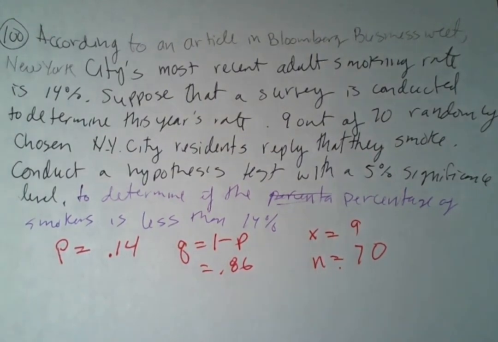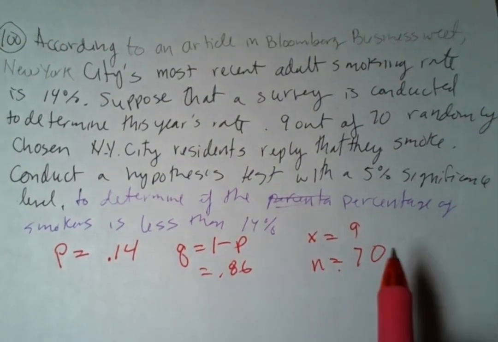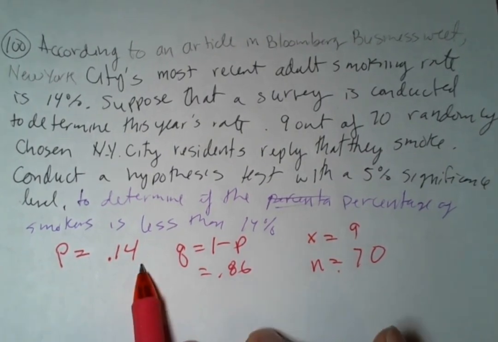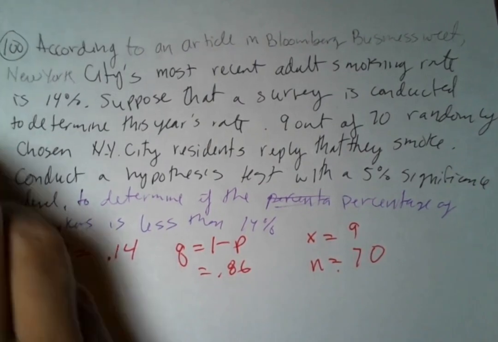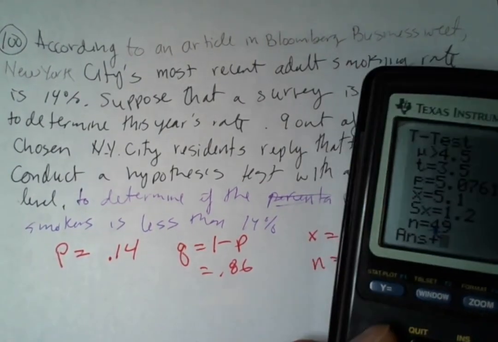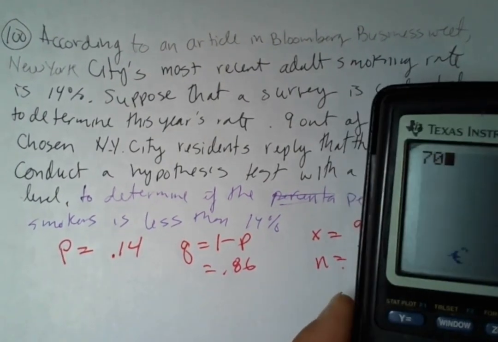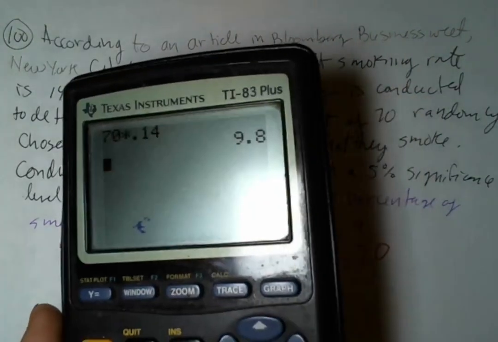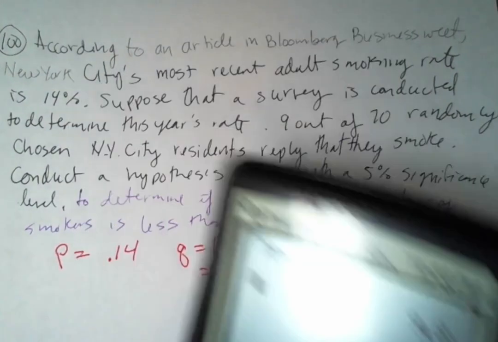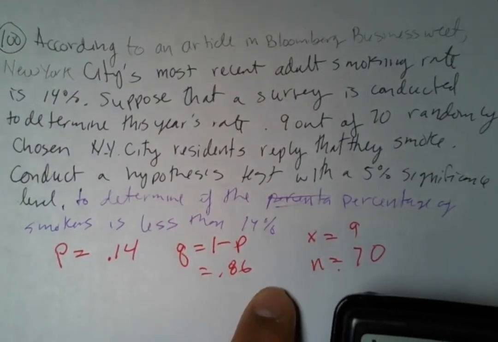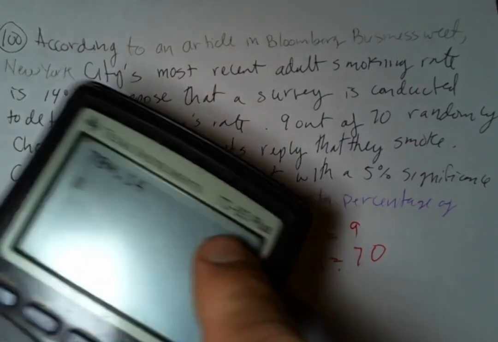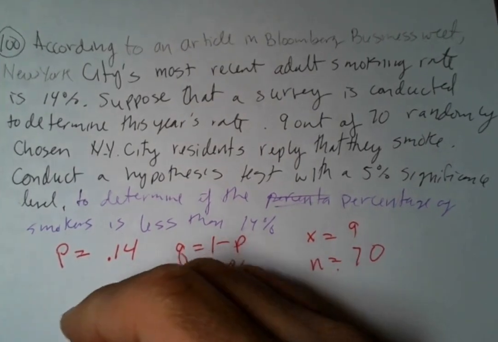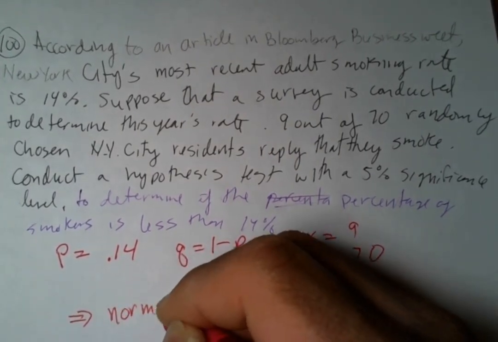As long as the sample size is large enough, usually you check that n times p is greater than 5, and we don't have any problems here. 70 times 0.14 is 9.8, so n times p is larger than 5. Multiplying by 0.86 will definitely be larger than 5 as well. So what that tells me is that we'll use the normal distribution.